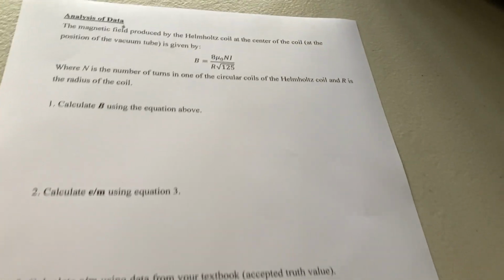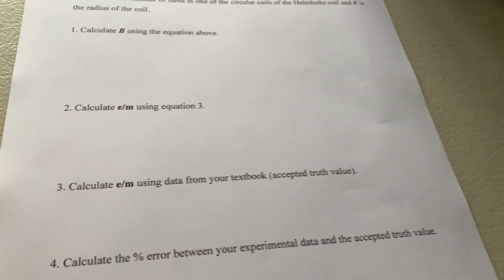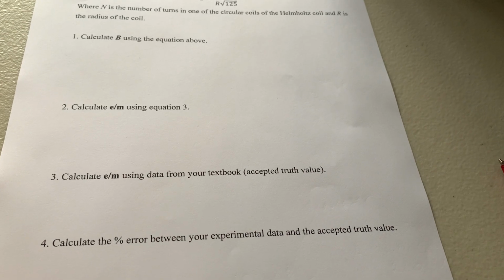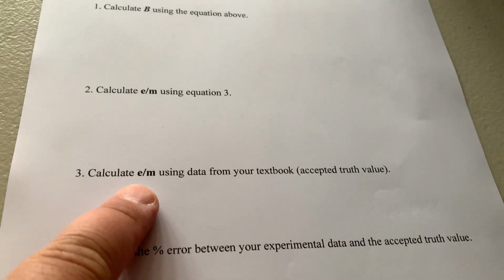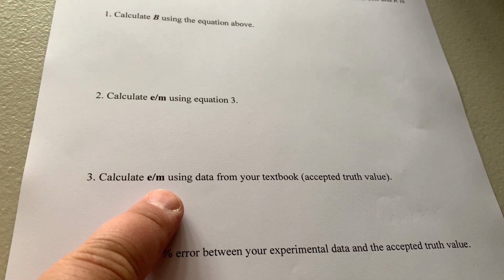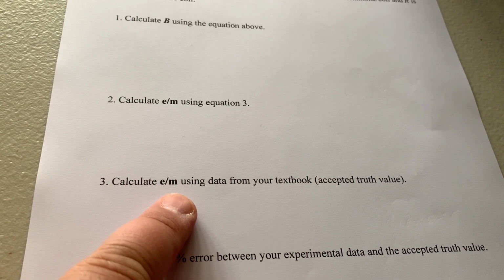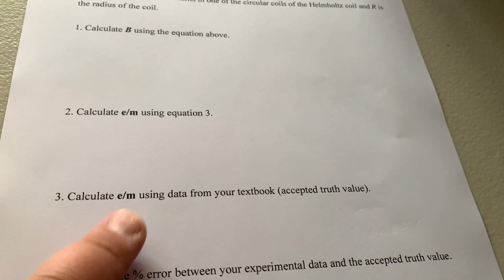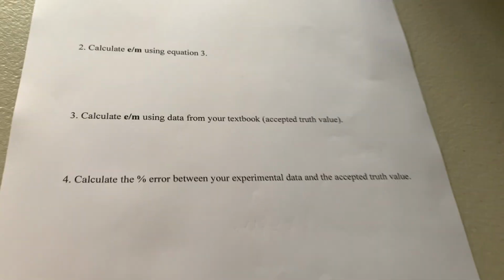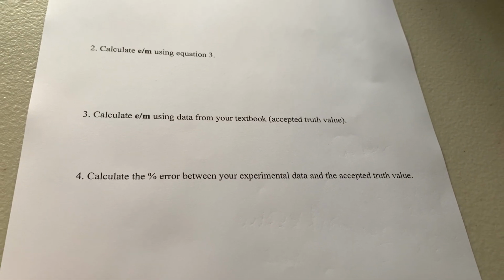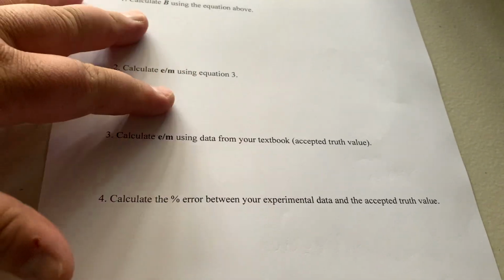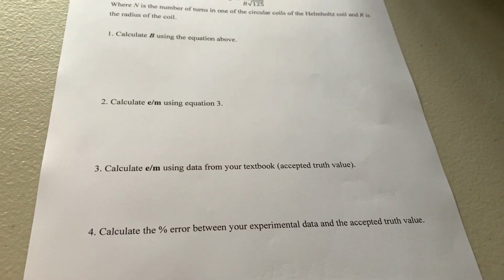And that's pretty much it for the calculation part. You have to compare it to your accepted truth value. The charge is 1.6 times 10 to the negative 19th, and the mass is 911 and what? 10 to the negative 31st, I believe. Well, anyways, check the data from the textbook and calculate the percent error between the theory and whatever you got from the experiment.